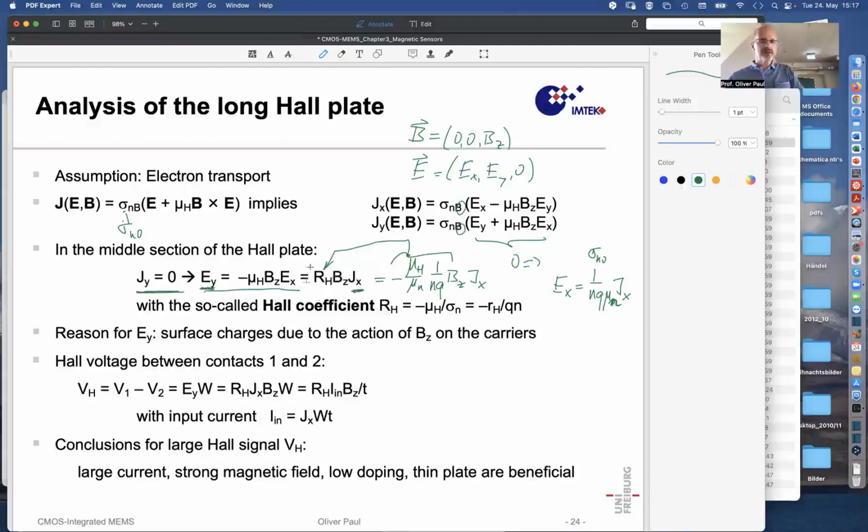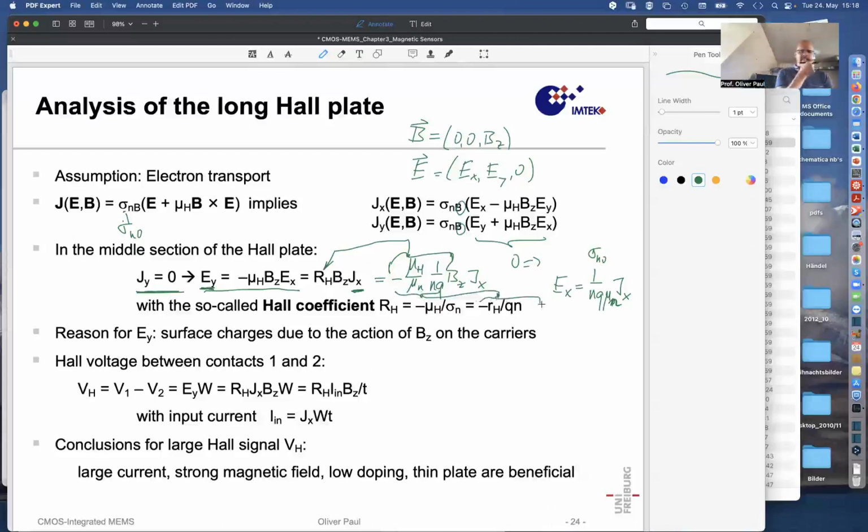And that quantifier is this Hall coefficient, which I personally find usually a bit confusing, because you can remember it rather fast, but what does it mean at the end? So mu h over mu n can be written as RH. That is the relationship between the two, and then you have it divided by Qn. So this is also this result here.